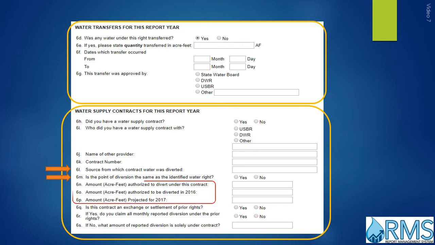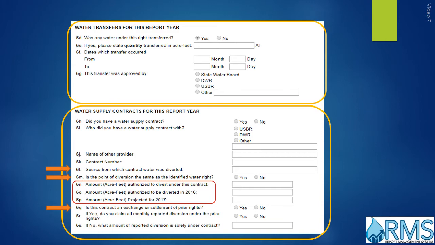Please report for questions N through P the amount of water authorized under the contract, the amount authorized for the reporting year, and the amount projected for the following year. Be sure to use the units of acre-feet. Finally, indicate if the contract is related to an exchange or settlement of prior rights.